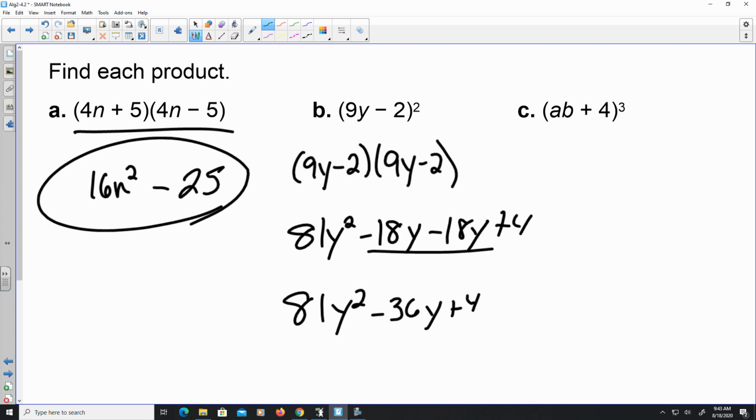Anytime you have the cube of a binomial, I would say a lot of people are pretty split with how to go about it. But my personal opinion is let's use the formula. So here, ab is actually A and 4 is B when you look at it in the formula sense. So drop it down here.